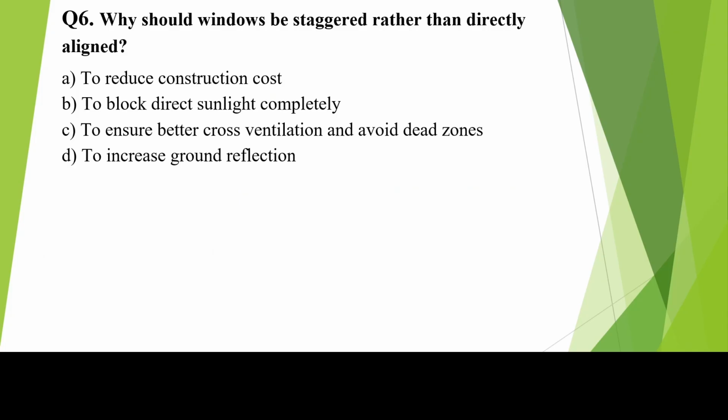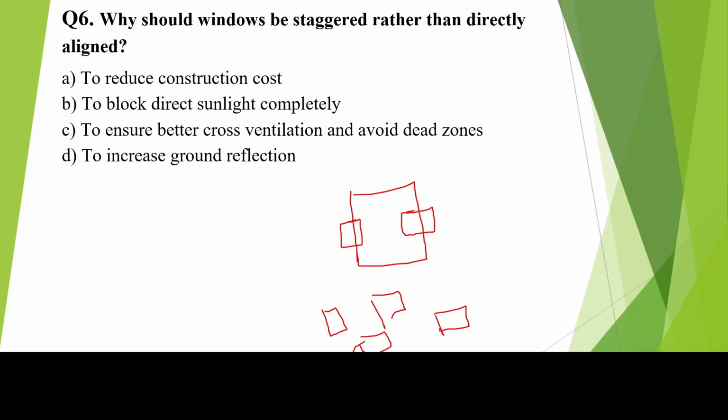Here is the sixth question in front of you all. Why should windows be staggered? It was well discussed with you all in the lecture slides whether the windows are to be placed one opposite to each other, or placed in a staggered position like this, and what are the advantages and disadvantages of each kind of window design pattern.